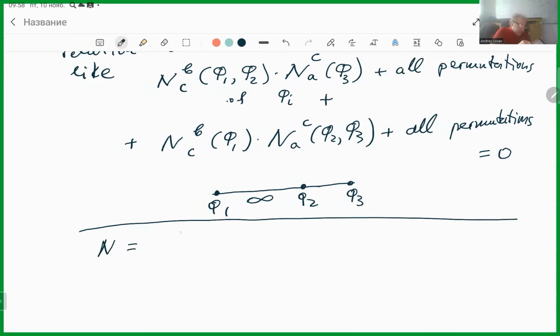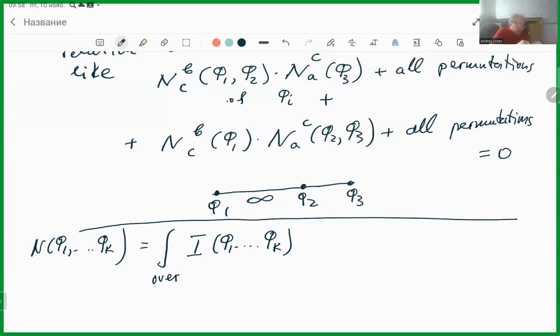So n is the integral of I phi 1 through phi k, and it is the integral of I phi 1 through phi k over R^(k-1).